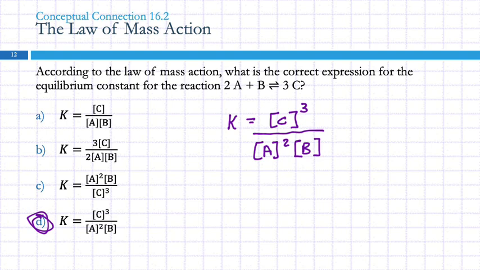Any questions? This should remind you of writing a rate law for an elementary step. In an elementary step, we can use the coefficient as the exponent and be safe, but we can't do that if it's just an overall chemical reaction.